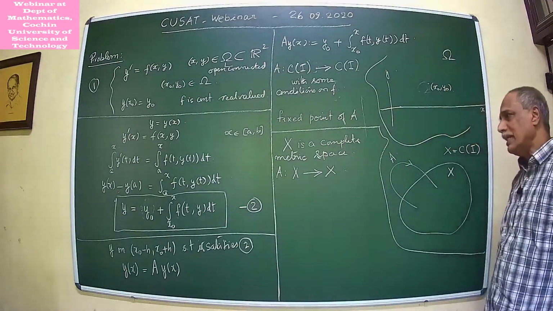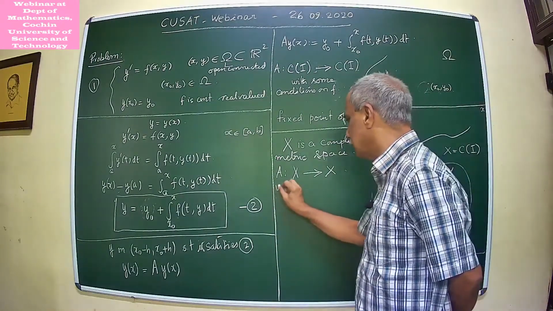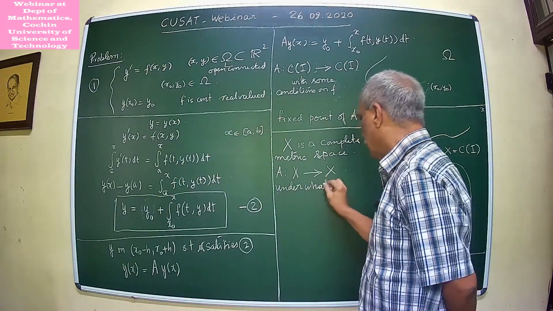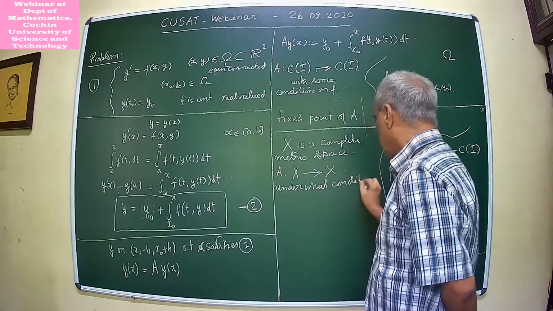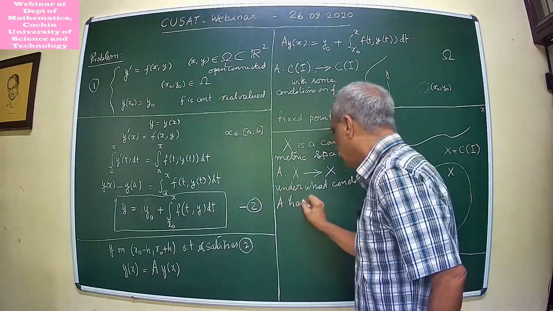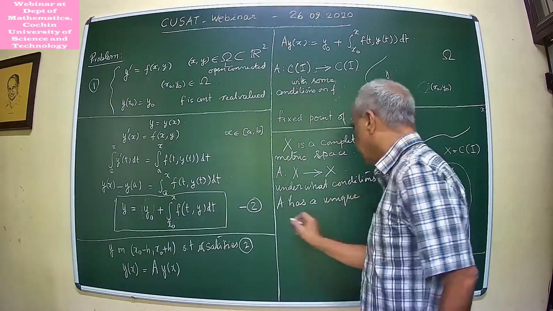Now the question that you are asking is, under what conditions A has a unique fixed point?